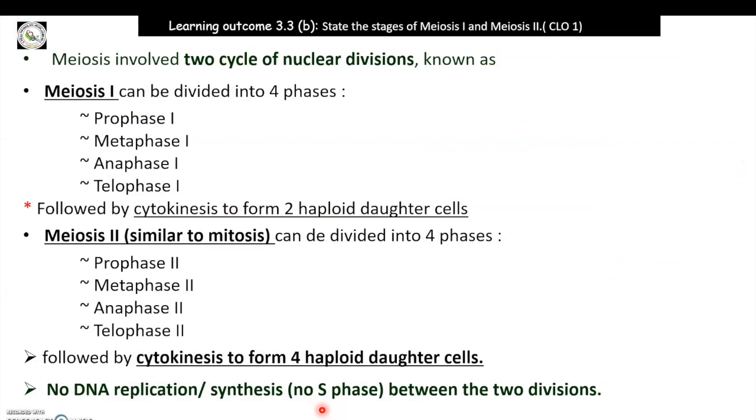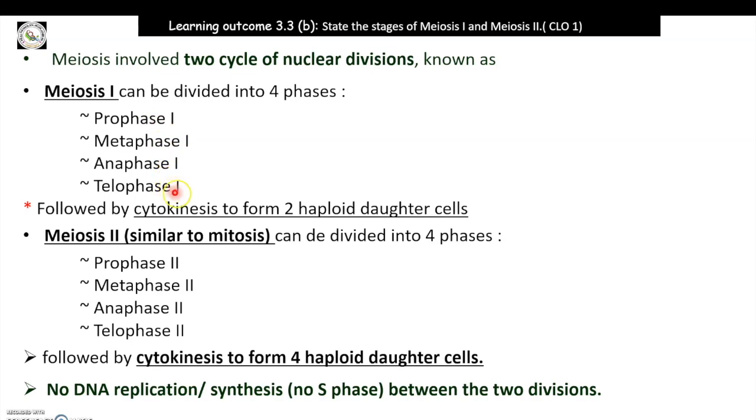Okay, meiosis differs compared to mitosis. Why? Because it has two cycles of nuclear division, which we refer to as meiosis 1 and meiosis 2. Meiosis 1 has 4 phases: prophase 1, metaphase 1, anaphase 1, and telophase 1.